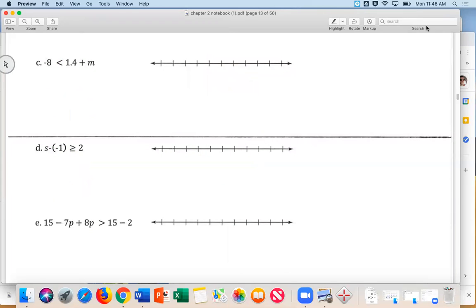Let's look at C. How do I get rid of plus 1.4, Chucky? So we're going to subtract 1.4. -8 minus 1.4, so it's going to be -9.4. Watch this. This is tricky. Ready? -9.4.